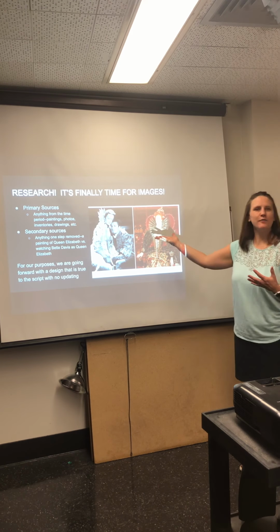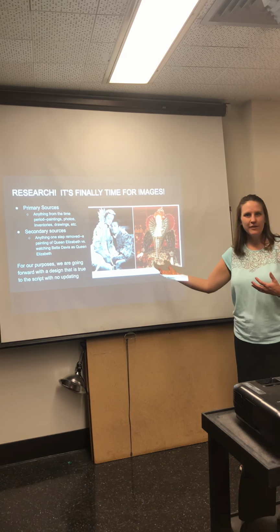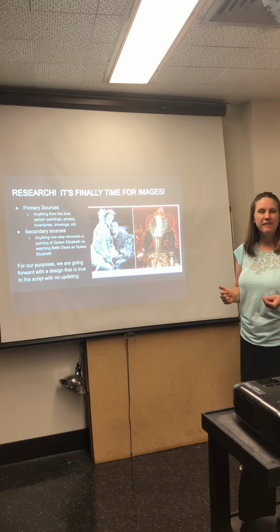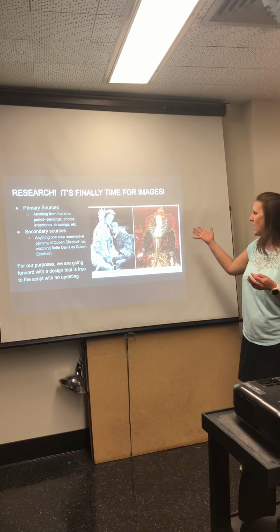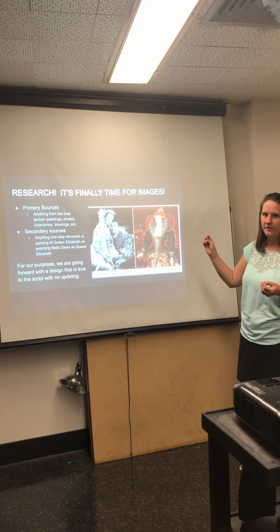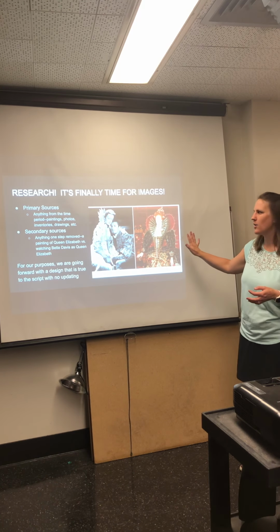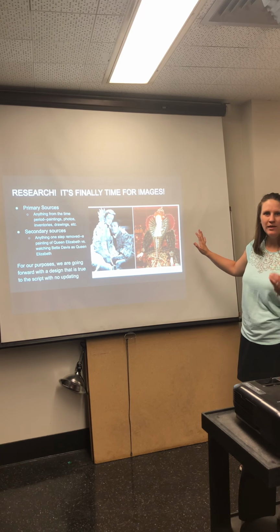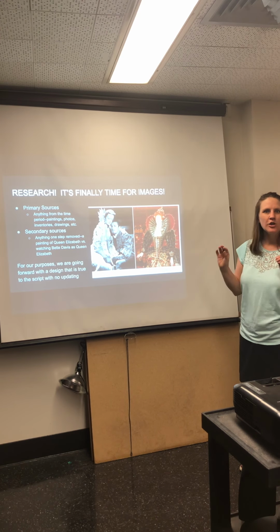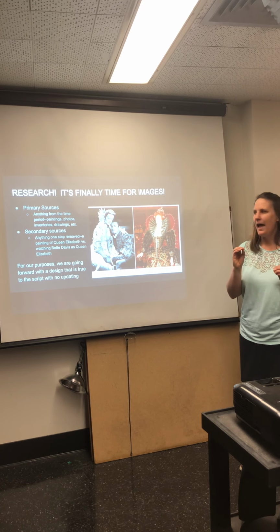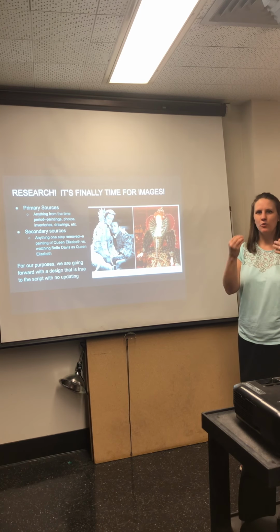So like this photo you see here, you have Betty Davis as Queen Elizabeth. It's an example of secondary research. And then you have an actual painting of Queen Elizabeth. So this would be your example of primary research. Whenever possible, land on primary research. It will make everything you choose specific and much more rich.